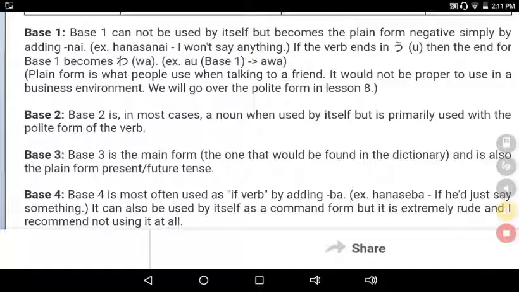If the verb ends in u, then the base 1 becomes wa. Example, awa, I guess. Plain form is what people use when talking to a friend. It would not be proper in a business environment. We will go over the polite form in lesson 8.